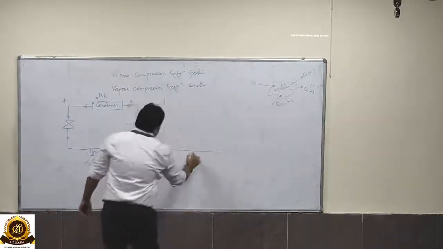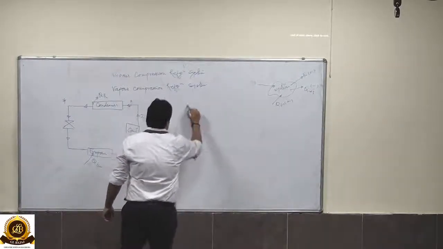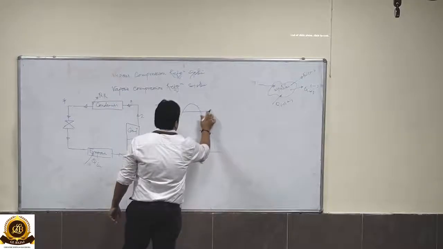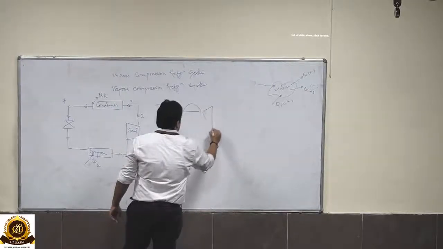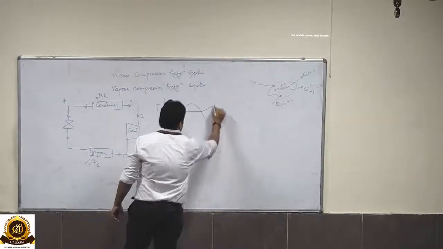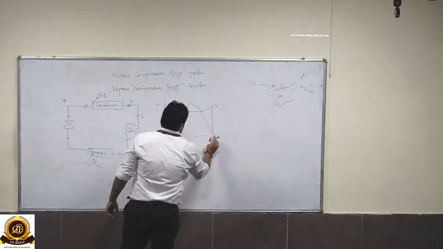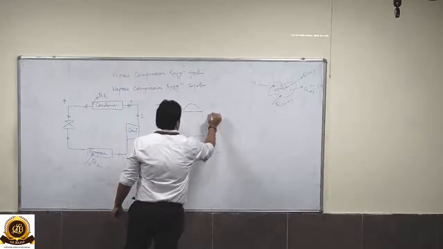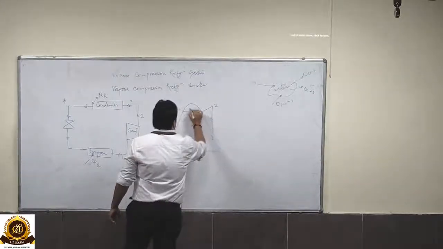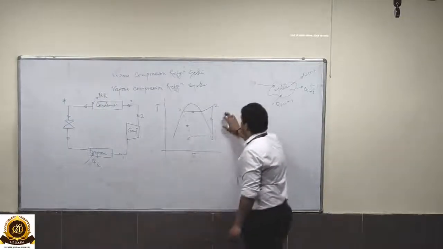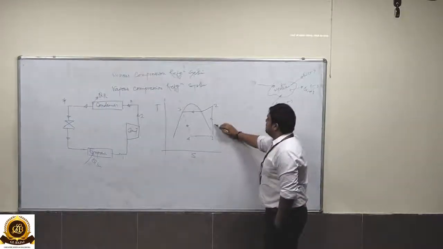We'll represent it by a TS diagram. Here we can see the process 1 to 2 is isentropic compression.